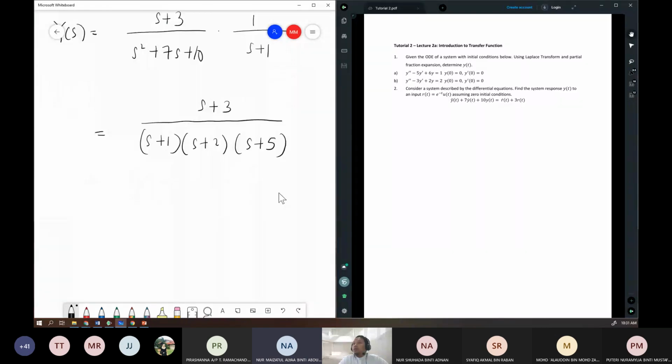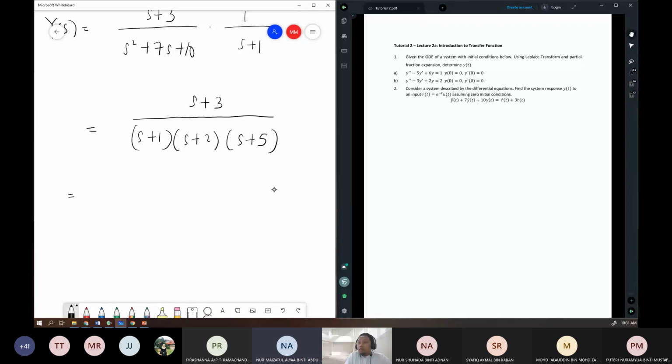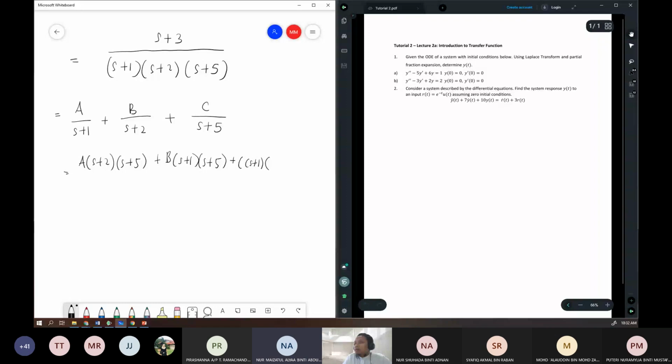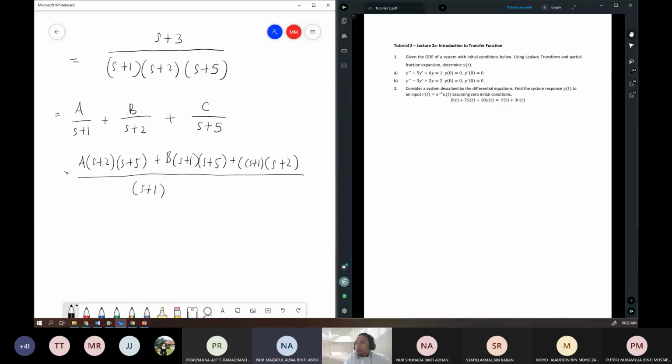And then split the fraction, and then expand. Okay, and then you can find the values of A, B, and C using the factors from the denominator.